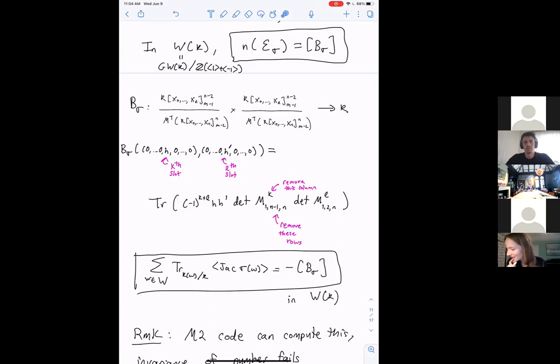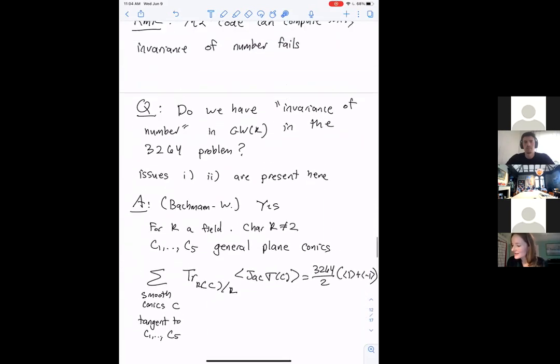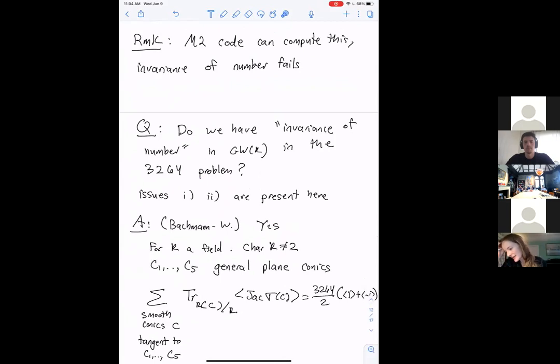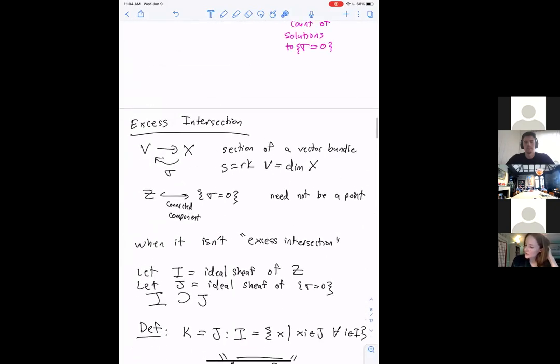Well, that's a great point. I'd like to view everything in SH, though I know they're not smooth, so they don't literally live in SH.